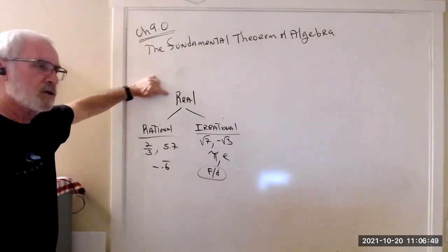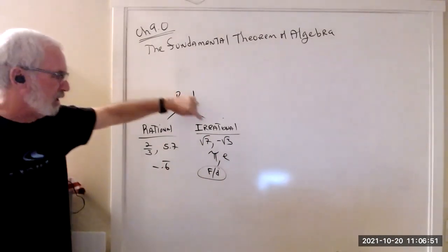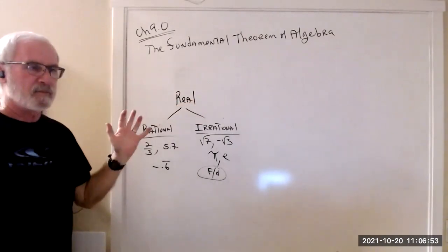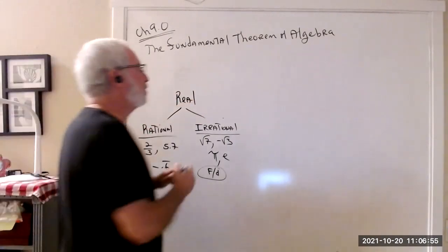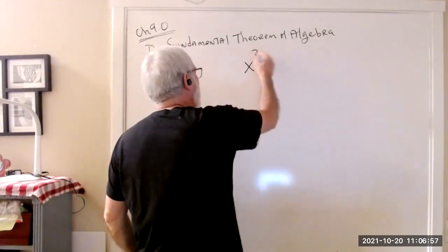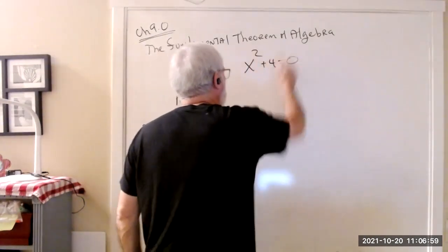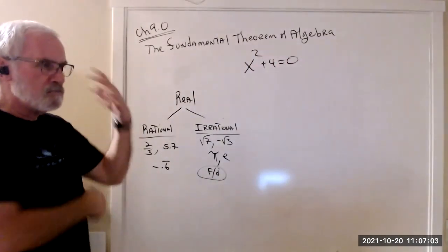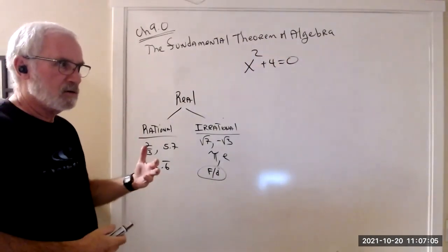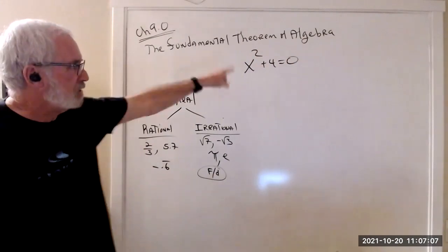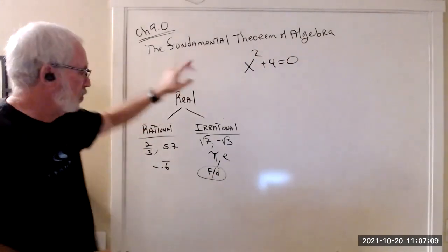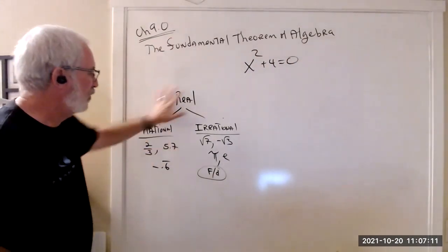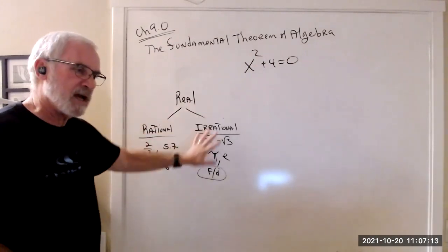So mathematicians back in the day thought they knew everything. Real numbers are made up of rational numbers and irrational numbers, and we're happy. And then that smart aleck came by and said, what's the answer to this? And they go, we blew it, because the answer to that is not real, meaning it doesn't fall into these categories.